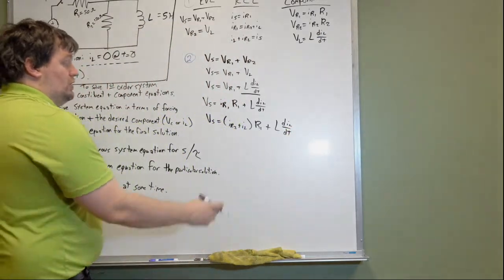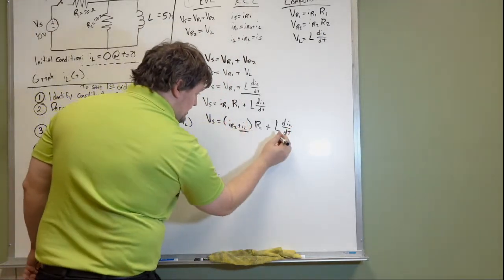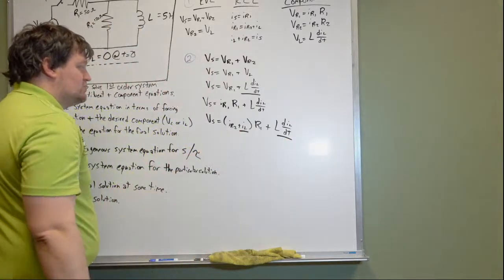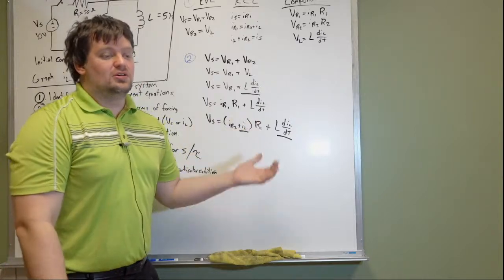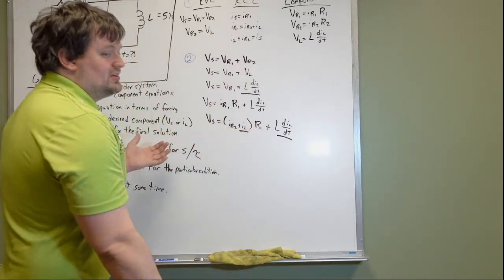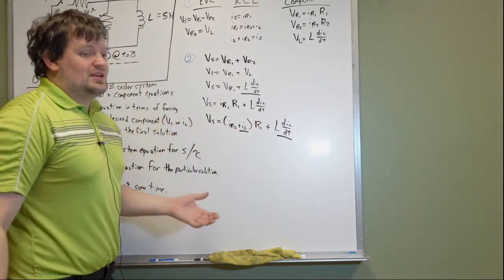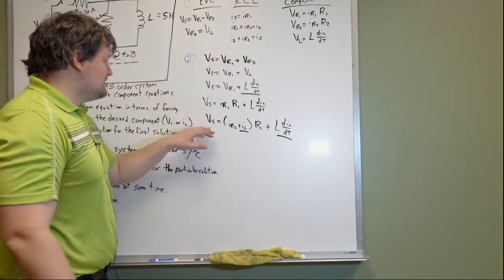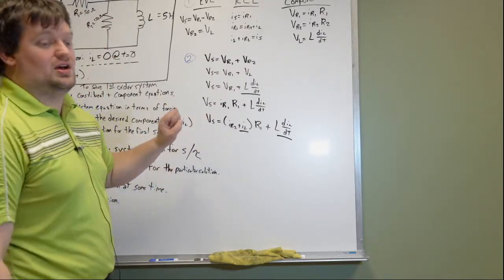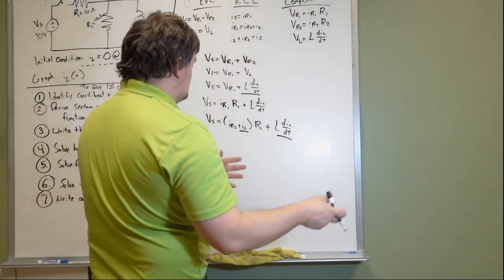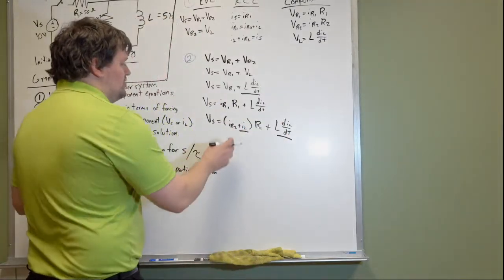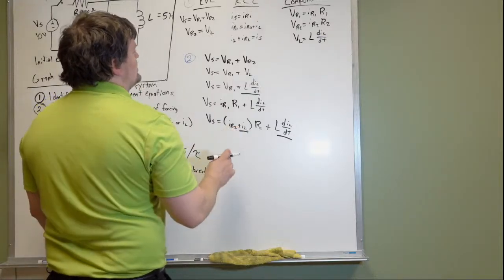We got the IL, we got the dIL/dt, but now we have this weird IR2 term. Because this is a system, all of these are interlinked, which means this has to be some function of IL. How can we figure that out? Where's another place where we have the equation for IR2?